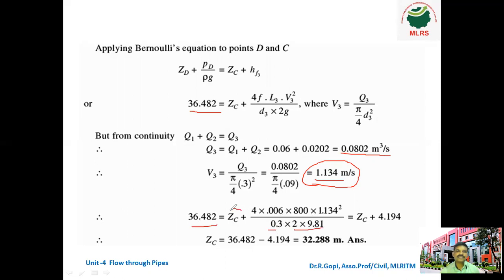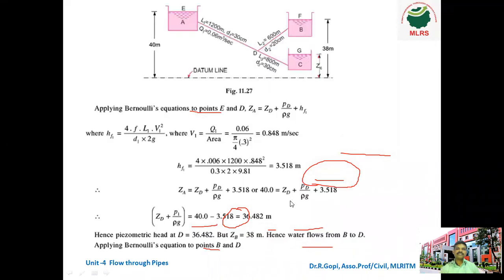Except this ZC, all the values are known. So finally, we got ZC is equal to 36.482 minus 4.194, which is equal to 32.288 meter. This is the datum head of the tank, ZC.